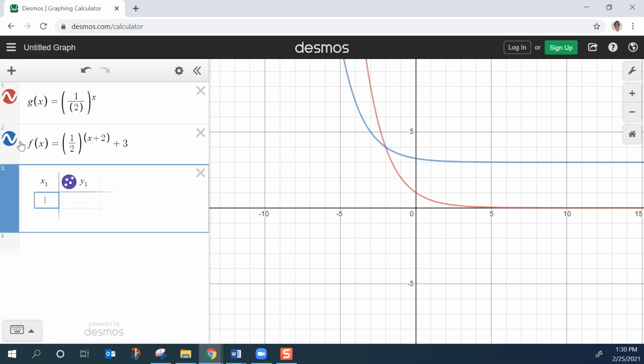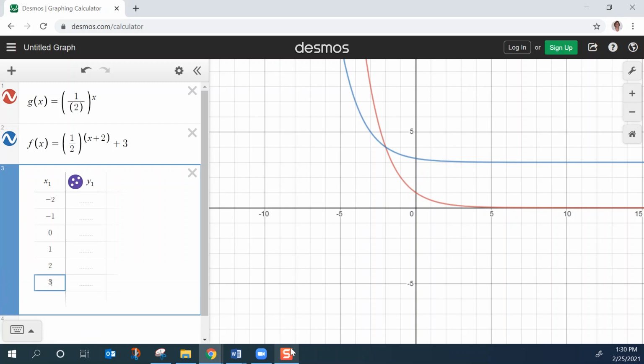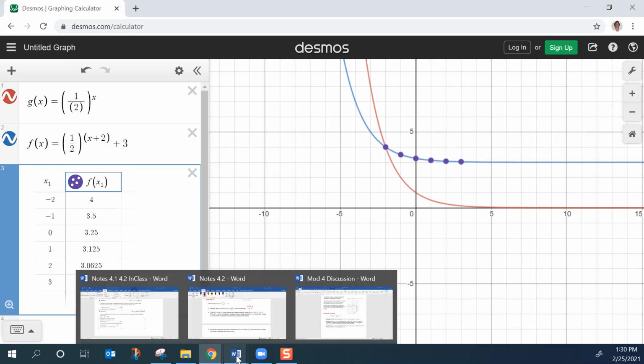So we're going to add a table and put some values in: -2, -1, 0, 1, 2, 3. And then let's put in our f of x and see if you can find integer points. So at -2, there's a 4, -1, 0, 1, 2. Let's see here.